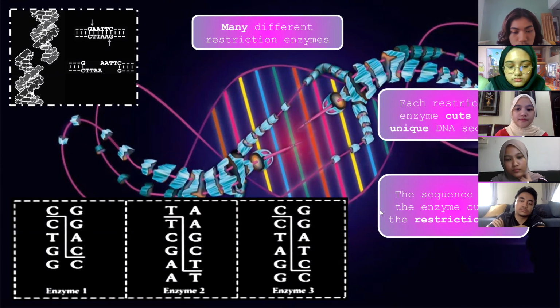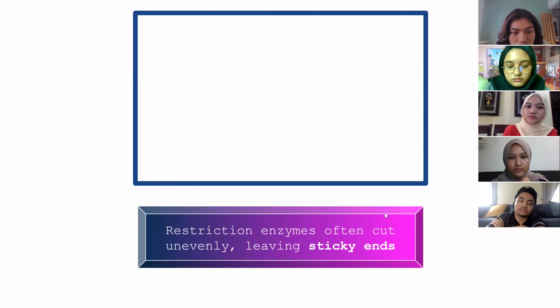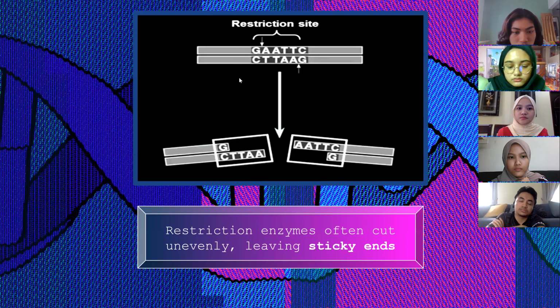So let's take a closer look at how the restriction enzyme cuts unevenly. Here is a DNA sequence, and here is the restriction site for the particular enzyme. It likes to start by cutting here, but then finish cutting here. So what happens is that we get an uneven DNA sequence.